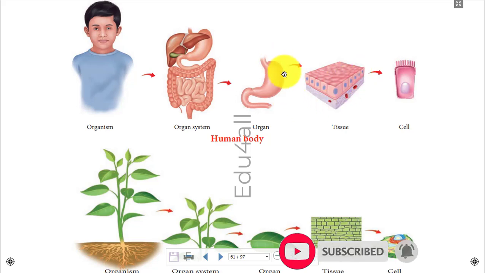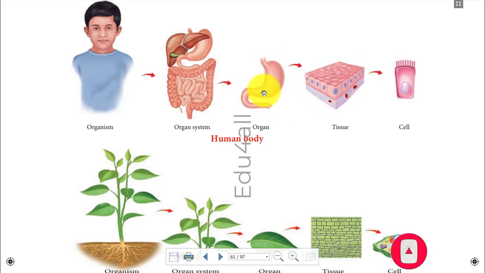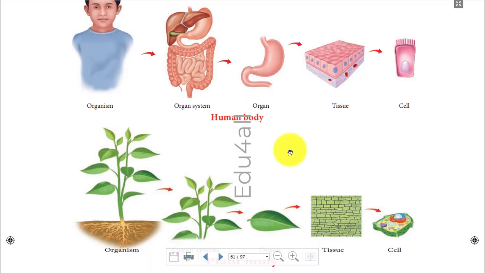From the tissue we have an organ, the stomach. The stomach is a part of an organ system, the digestive system. The digestive system is made up of the mouth, buccal cavity, esophagus, stomach, gallbladder, liver, small intestine, large intestine, rectum, anus. So a number of organs form an organ system, and in the same way a number of organ systems form an organism.